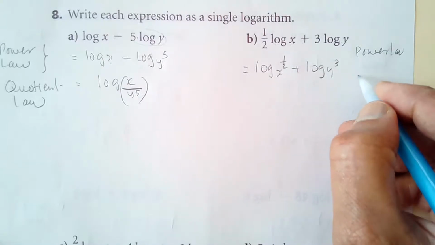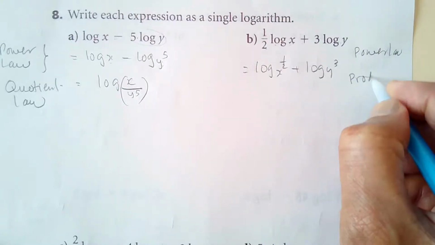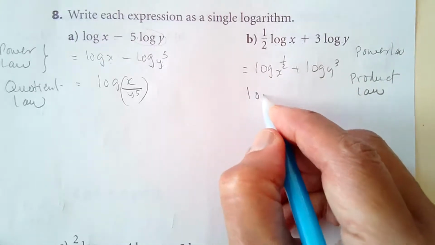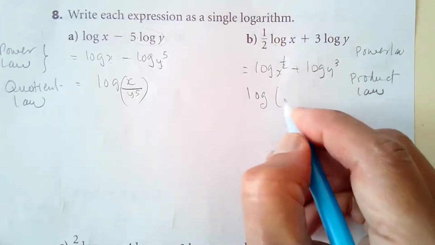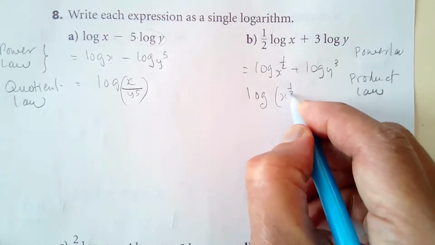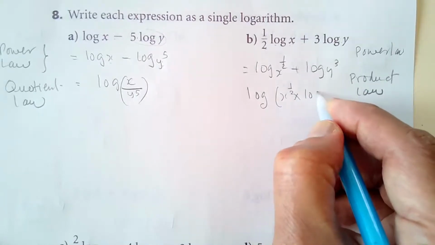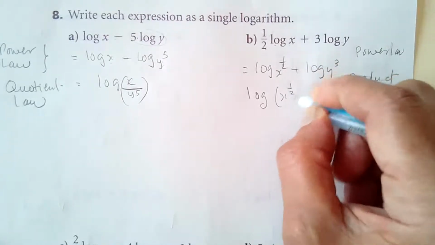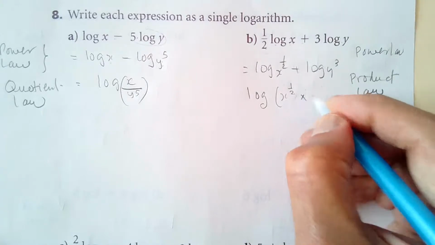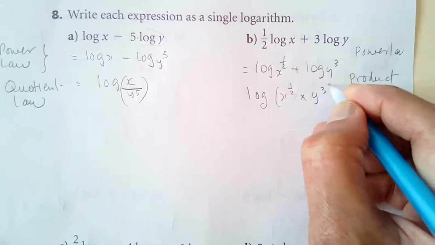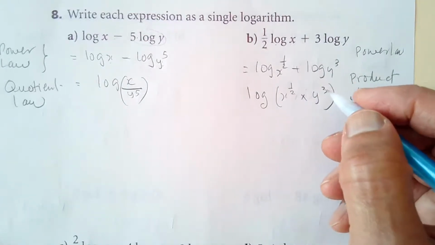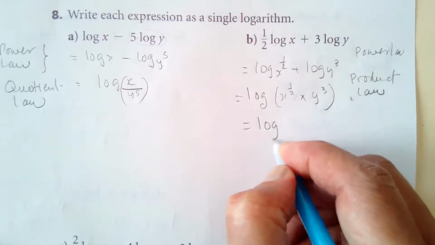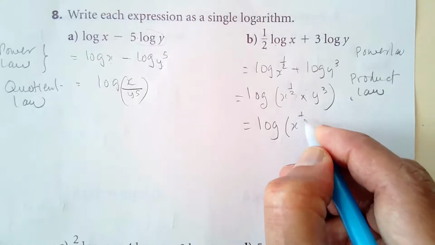Then we use our product law. And if you'd like to write it nice and compact, it could be x to the half.